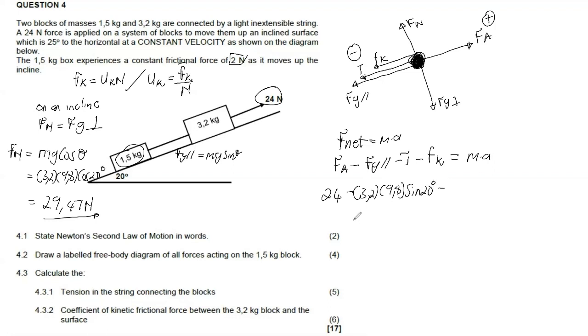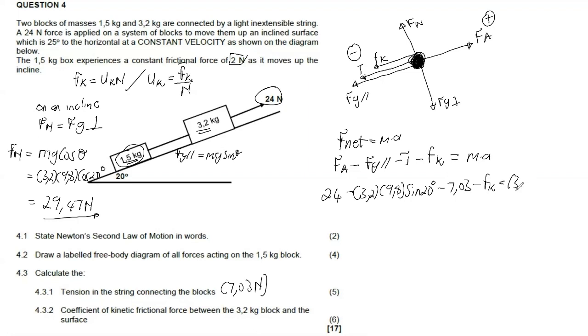Then the tension there is supposed to be the tension that we calculated previously, because remember, in a system, the acceleration is the same and also the tension is the same. So we substitute the value that we got here, which was 7.03 newtons. So the tension experienced by the 1.5 kg is the same tension experienced by the 3.2 kg. Then that's 7.03 minus Fk.